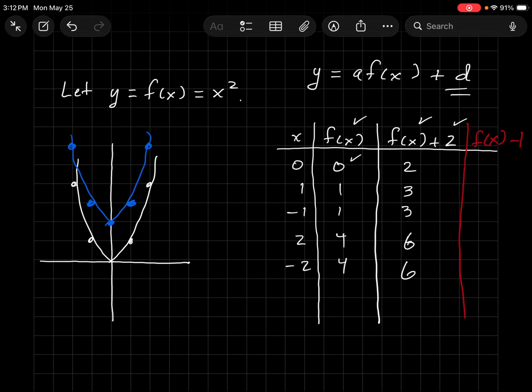If you said it takes the original function and moves it down 1, you would be absolutely correct. Neither wider nor skinnier, no sort of stretch, simply the graph got shifted down 1 space.